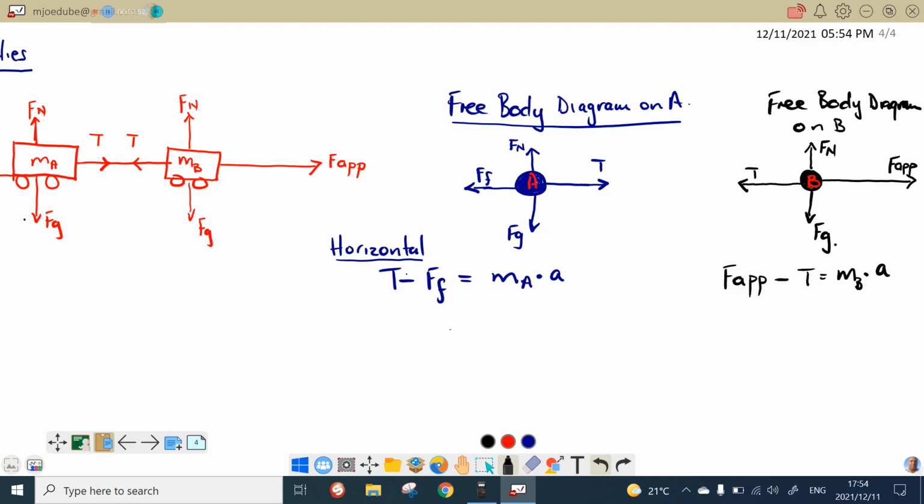Remember, the tension is also going to be the same, because you are going to be limited to objects that are connected by an inelastic, inextensible, or rigid string or rope, something that doesn't stretch, and so the tension is just going to be the same in both objects.